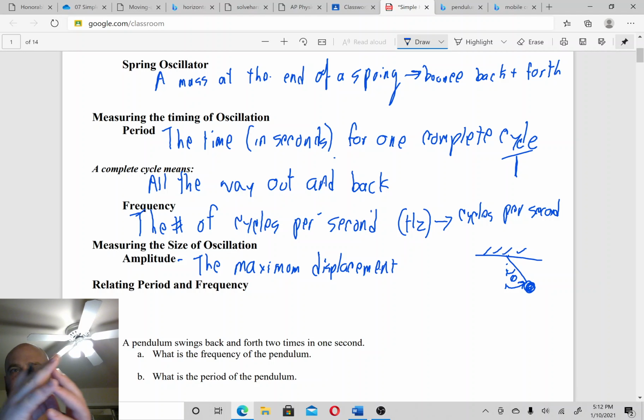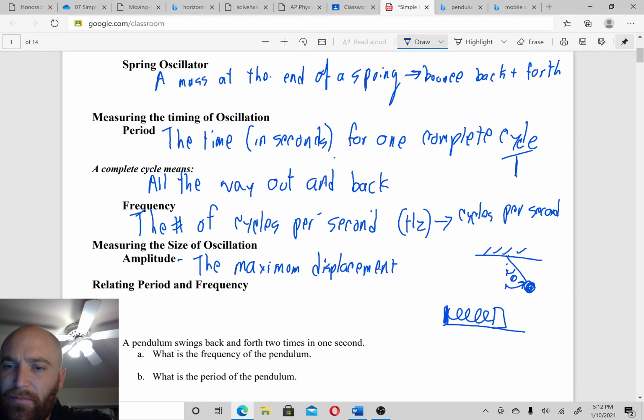Does it swing very far to the side or not far to the side? For a spring oscillator, like the picture that you saw, if we have an equilibrium position right here, it's how far that stretches. So we'll call it A, the amplitude.